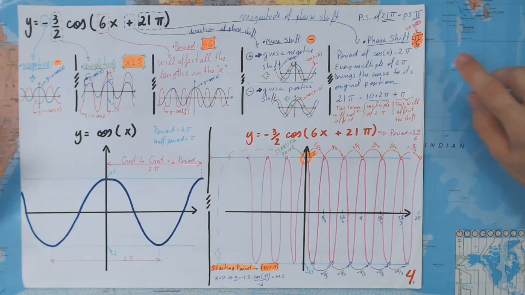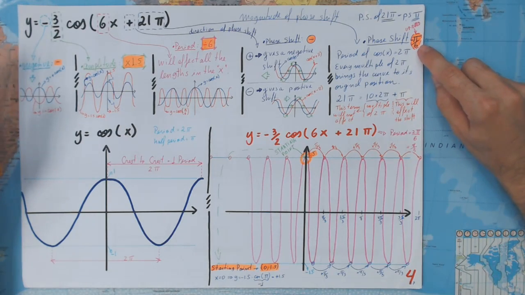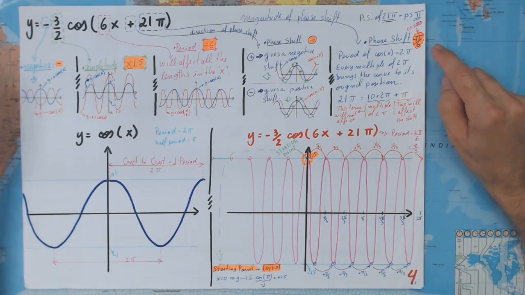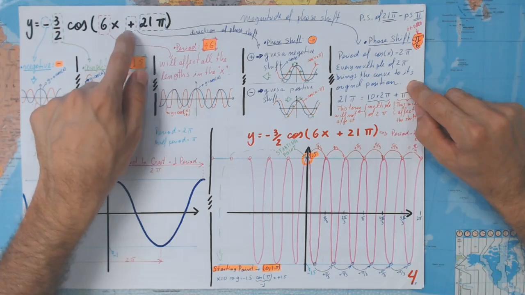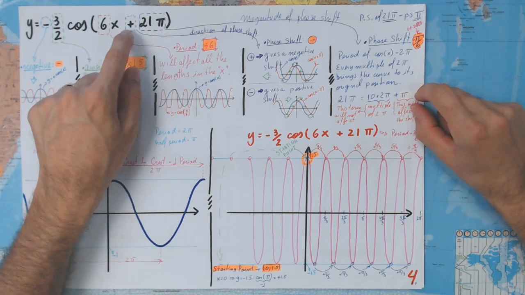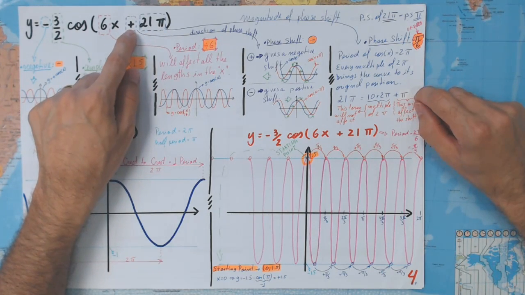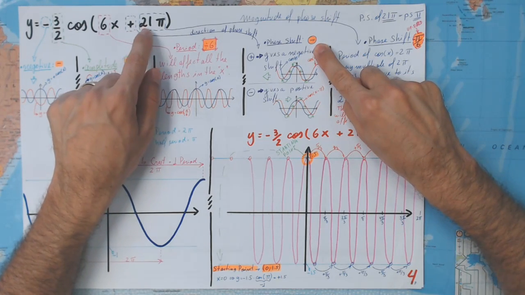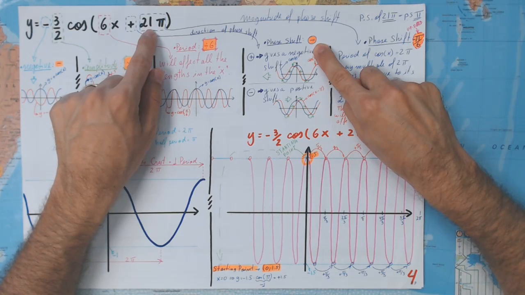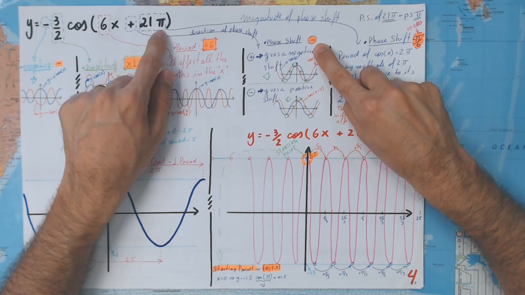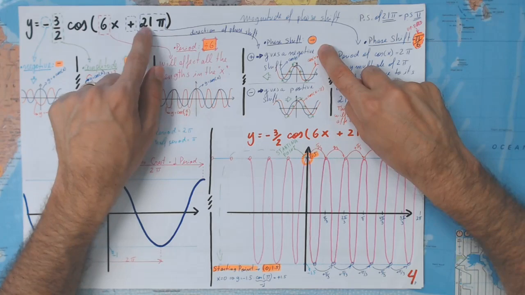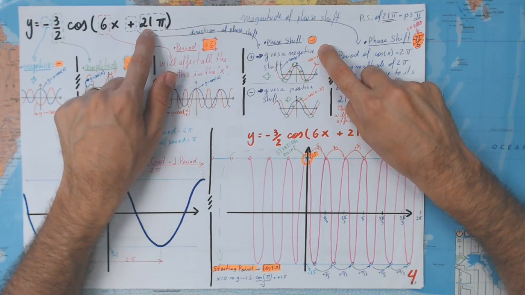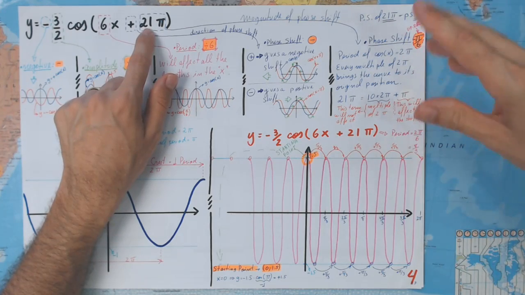But I would just like to discuss something here. In case the phase shift is asked, this phase shift is this shift in here, okay? Take into account the sign. If it is a plus, the phase shift is going to be negative. In the case of sine and cosine, if it's an even number in here along with pi, the phase shift is going to be 0 because it's a multiple of pi.